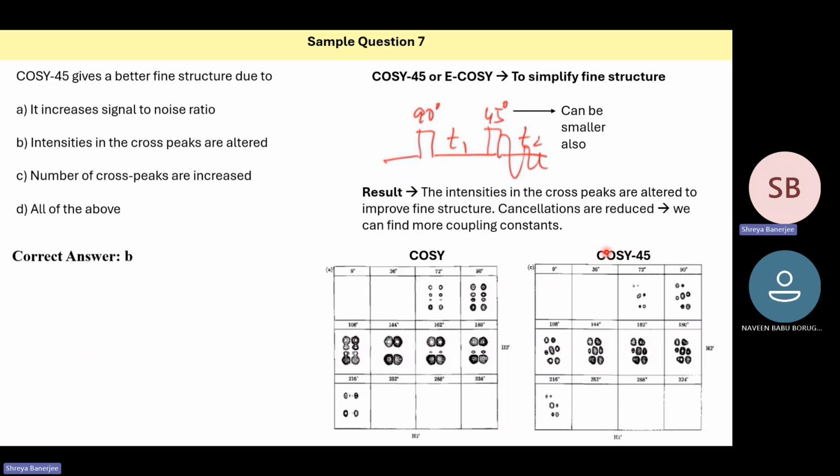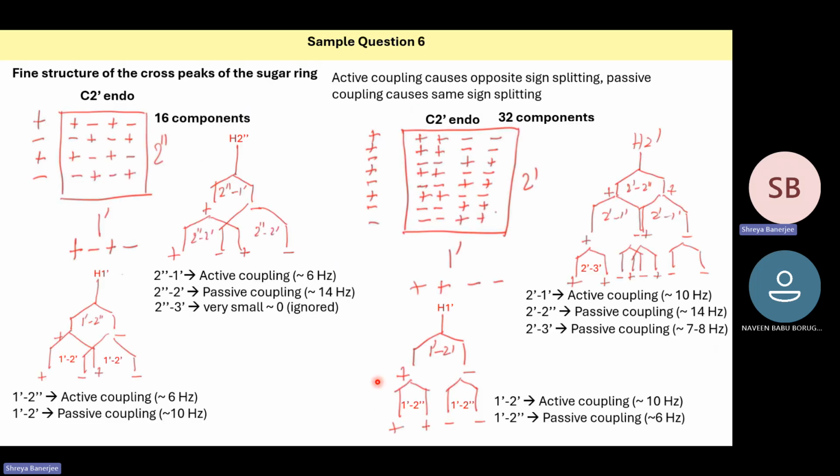In COSY 45, what happens? All these cross peaks that you have, the intensity is altered. So normally in this COSY fine structure, which is shown in the previous slide, you can see there are plus, minus, plus, minus. If there are opposite signs, they can cancel out. And in the number of peaks in the fine structure, suppose in C2 prime endo, 16 cross peaks are expected in the fine structure.